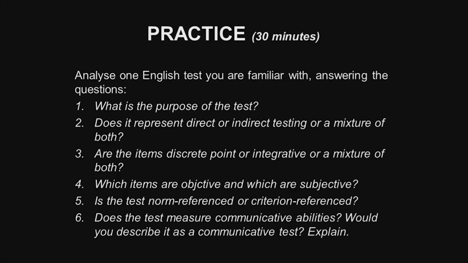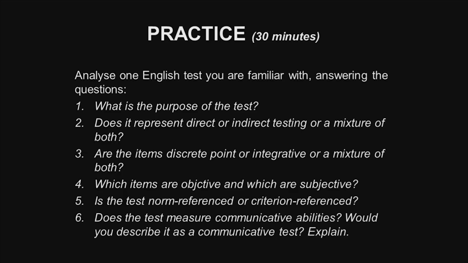The second question is to decide whether it represents direct or indirect testing or a mixture of both. And find out whether the items are discrete point or integrative or a mixture of both, whether the items are subjective or objective, and if the test is norm-referenced or criterion-referenced.